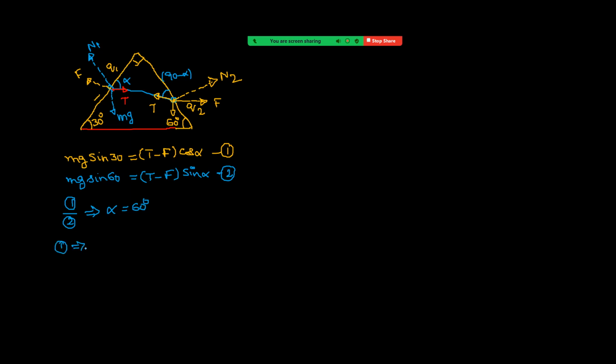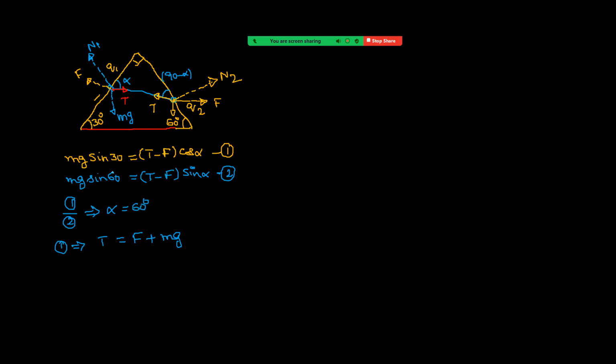From equation 1, tension equals F plus mg sine 30 divided by cos 60. Cos 60 means 1 by 2, sine 30 is 1 by 2, those two get cancelled. Remaining is F plus mg, so T equals F plus mg.